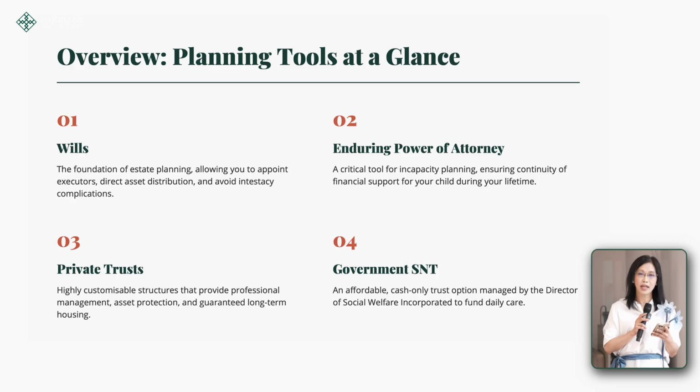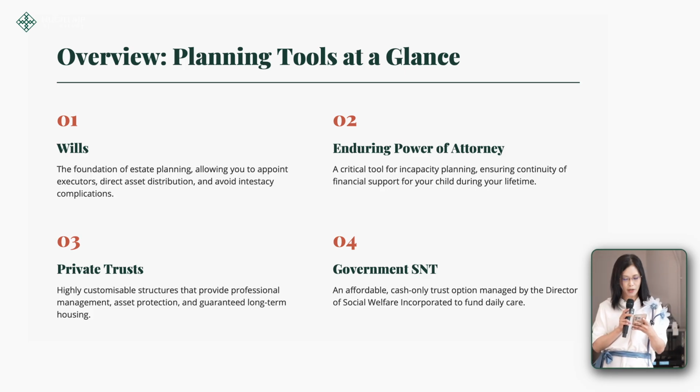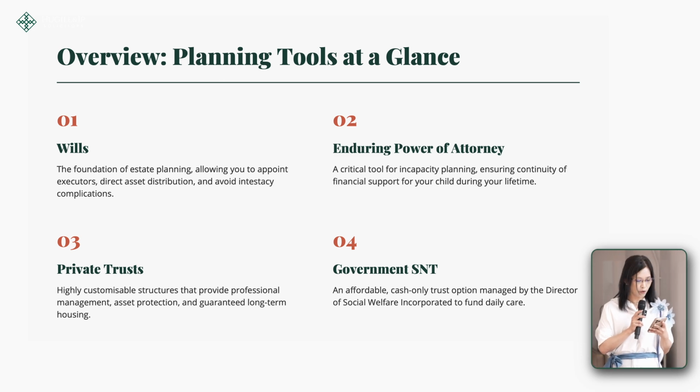A private trust can hold real properties directly and provide your child with a guaranteed long-term residence under professional management. And the 4th one is the government special needs trust, SNT. It is a more affordable cash-only option administered by the Director of Social Welfare Incorporated. I would call it DSWI.